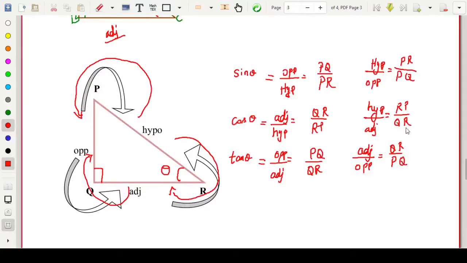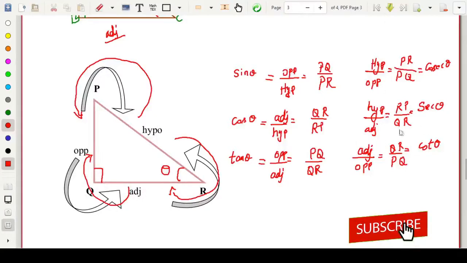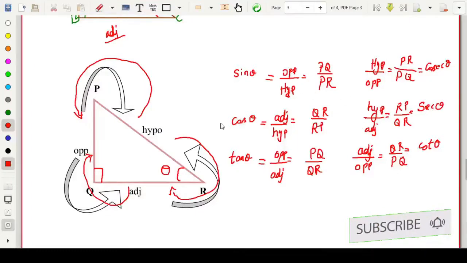These are named cosecant theta, secant theta, then cot theta. So these are the 6 different ways we can compare the right triangle in trigonometric ratios.